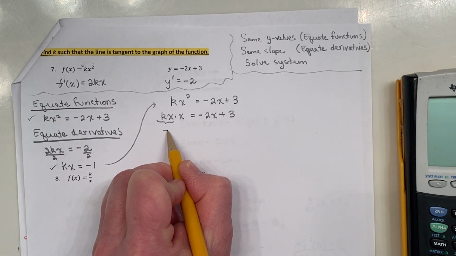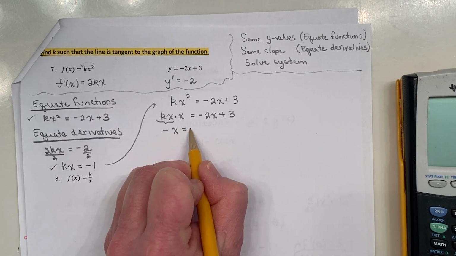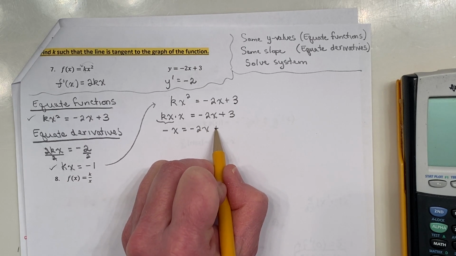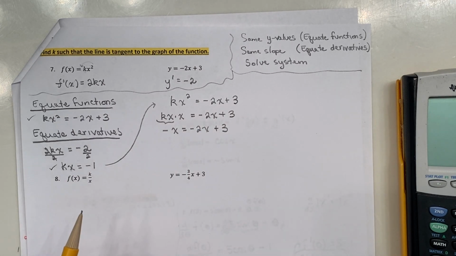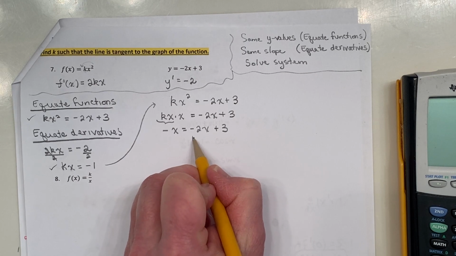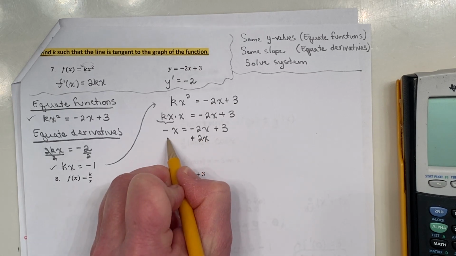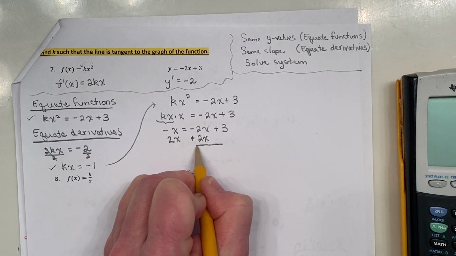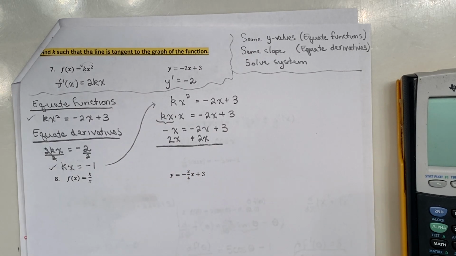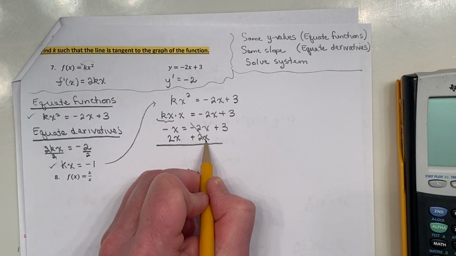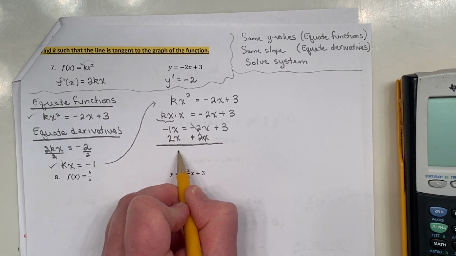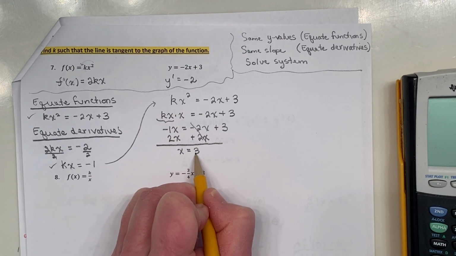So I end up with -x equals -2x plus 3. Oh, that's not bad. Now let's add a 2x to the other side. It looks like I'm going to end up solving for x first, and then I can go back and find k. I'll cancel. This is 1x, so x equals 3.